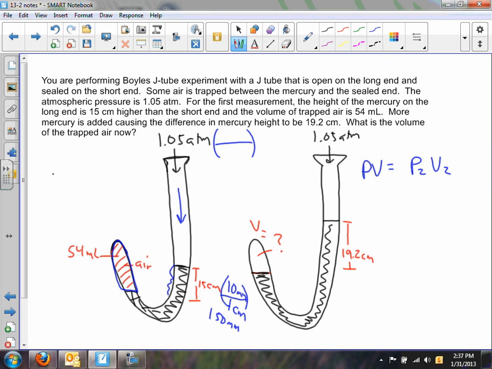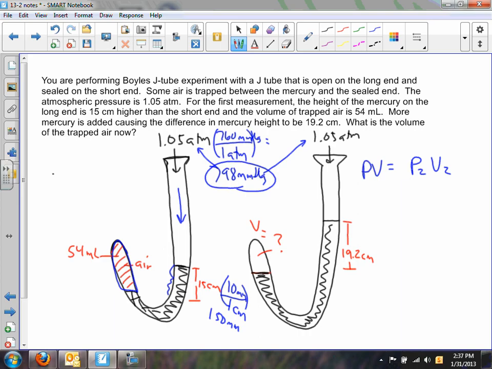1.05 atmospheres, I know that 1 atmosphere is the same thing as 760 millimeters of mercury. So really, today, the atmospheric pressure is 1.05 times 760, or 798 millimeters of mercury. So this is the atmospheric pressure to start with.